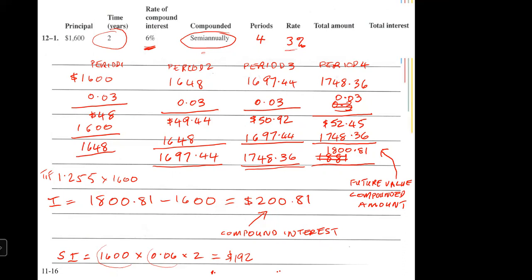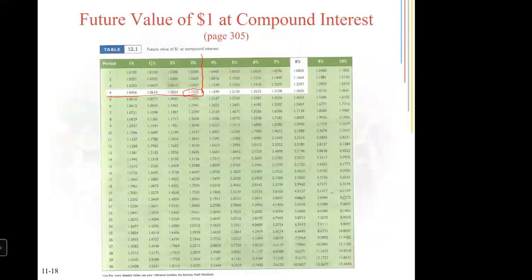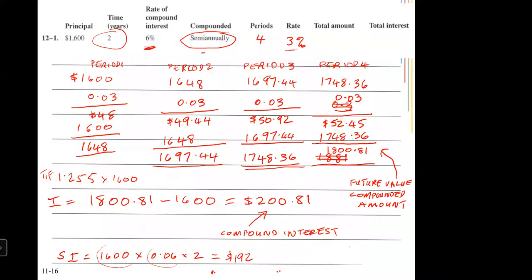I got $2,008. Hold on, did I look at the right thing? Oh, sorry, I wrote the wrong thing down. Sorry. It's 1.1255. Sorry about that. 1.1255 times 1600. 1,800.80.